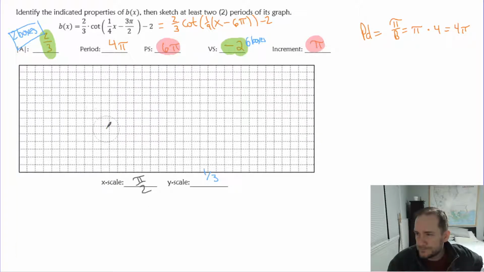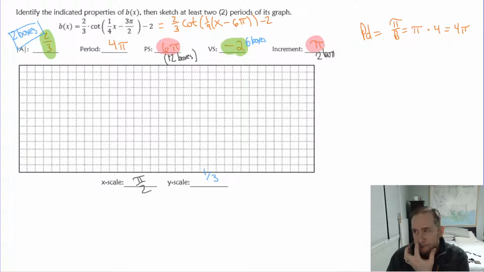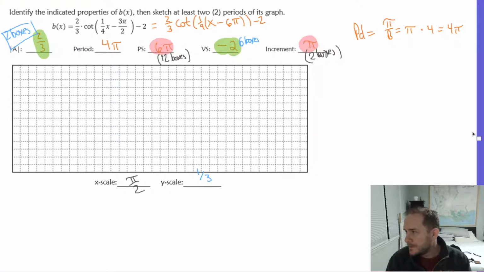Sure. So that just rendered this as 12 whole entire boxes. And that meant that this is now 2 boxes. So we got plans. We can move our axis way the heck over, first of all.